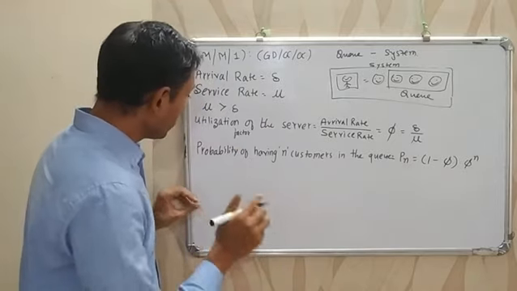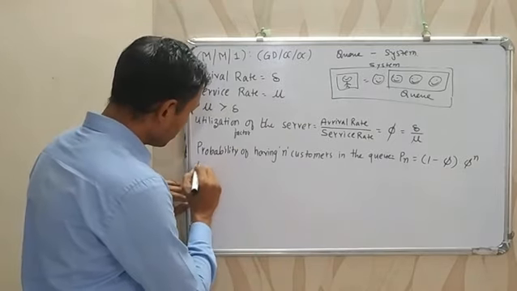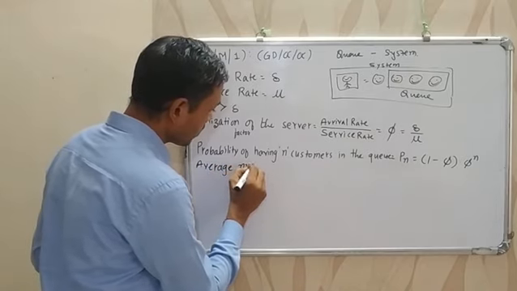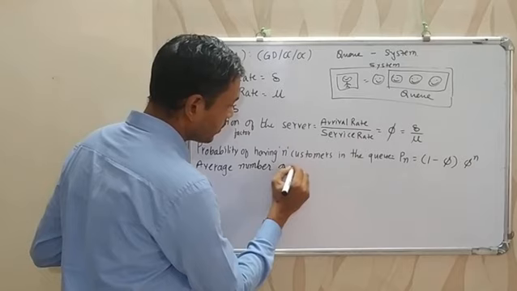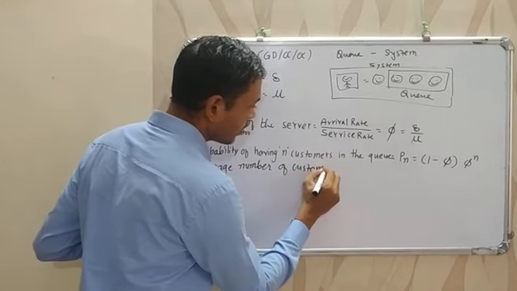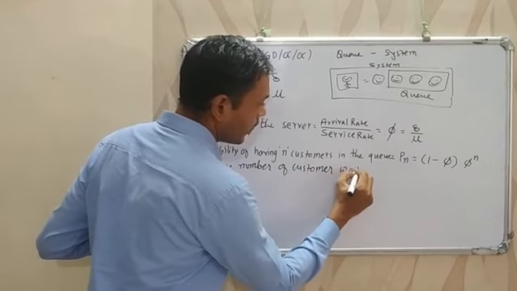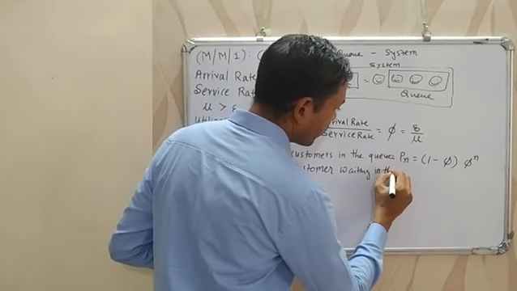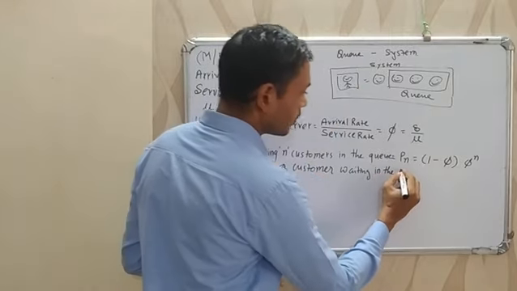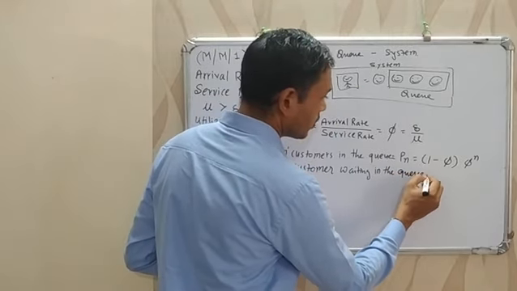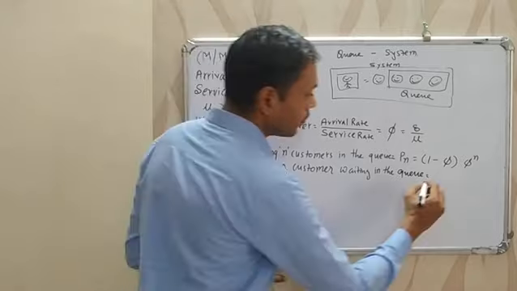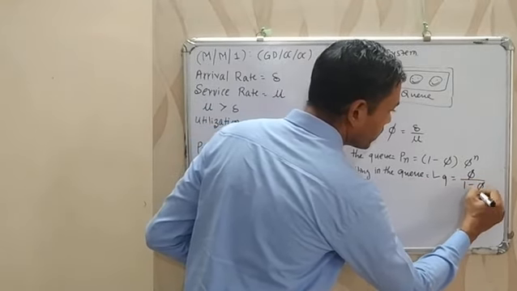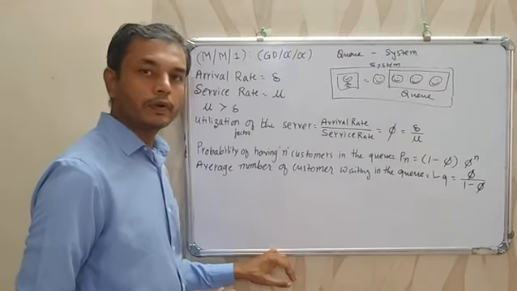Let's see how. Now, average number of customers waiting in the queue, that is equal to LQ, which is equal to pi divided by 1 minus pi.